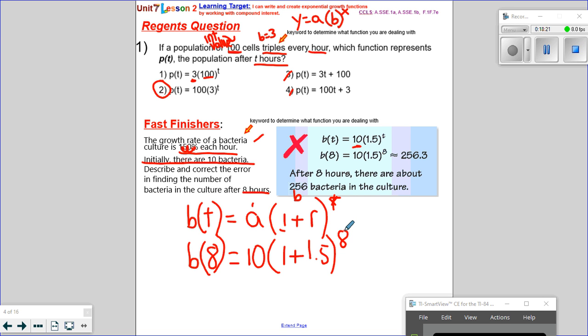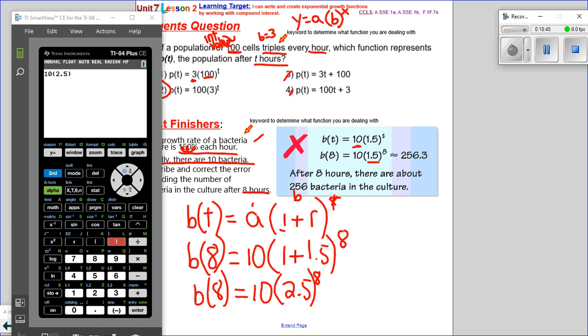All right. So basically that was the mistake. He puts 2.5 to the 8th, but the growth rate factor becomes 1.5 to the 8th. You could grab your calculator, put 10 times 2.5 now. You see the difference between the 1.5 and the 2.5. So the growth factor was wrong to the 8th power.